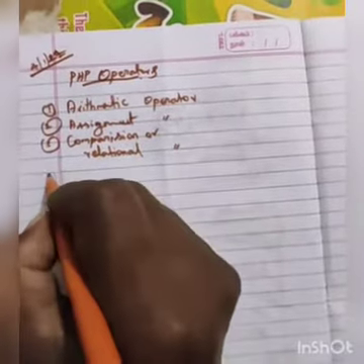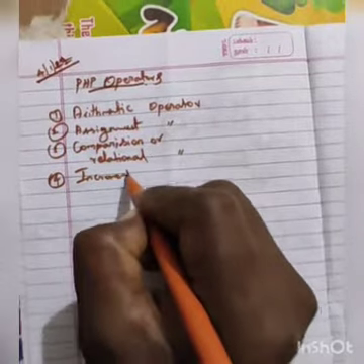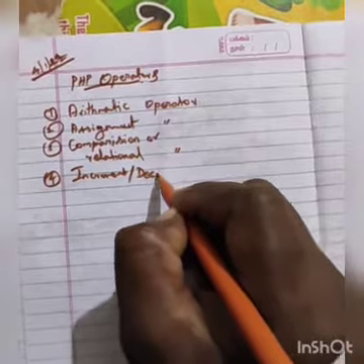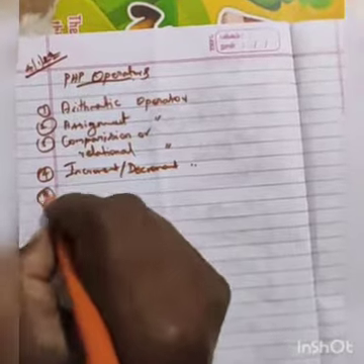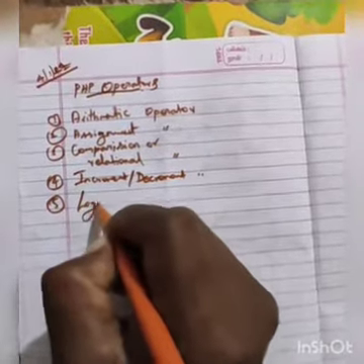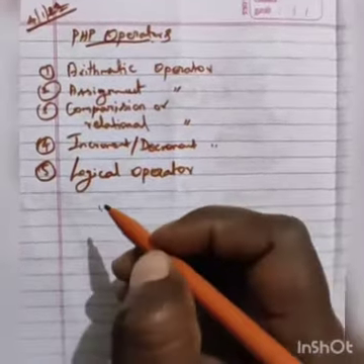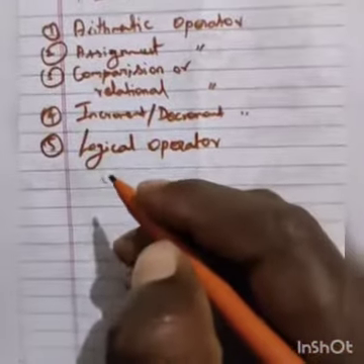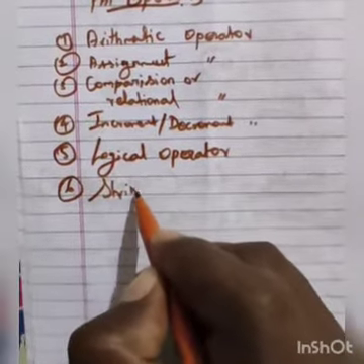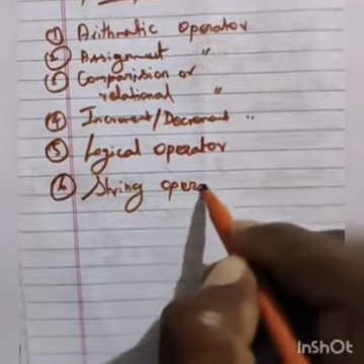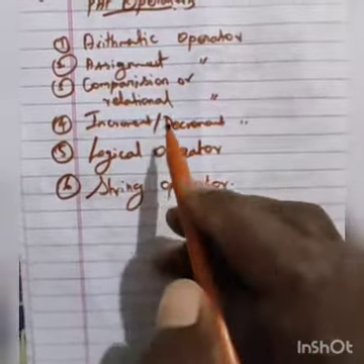Then the fourth one, increment and decrement operators. Then the fifth one, logical operators. Then the sixth one, string operator. So in PHP, there are 6 operators.